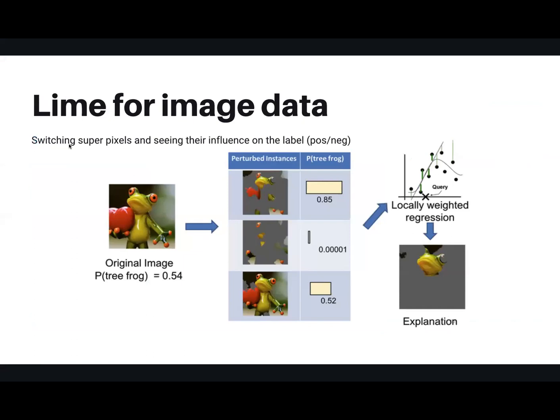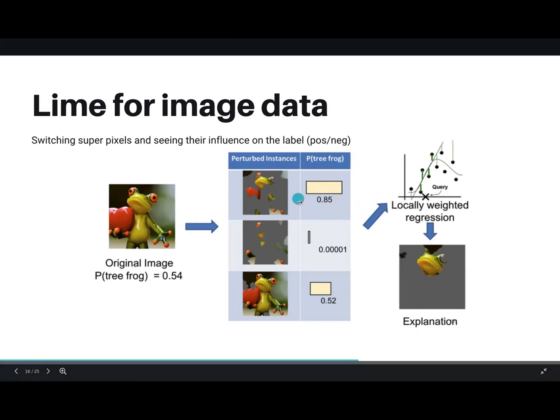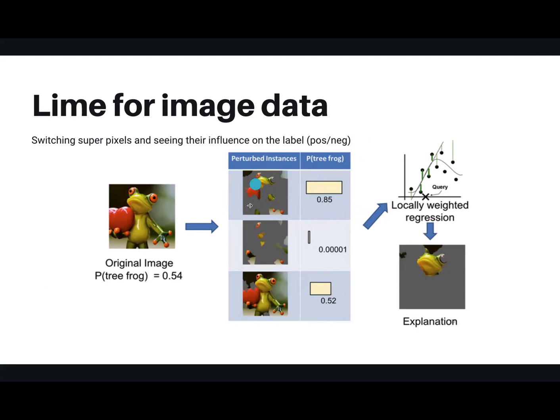So we take the original image, we apply the superpixeling on it, and then we perturb it: sometimes this region is off, sometimes this region is on, sometimes that region is off, and we just continue building this data set. We see whether the model classifies each image as a frog or not.